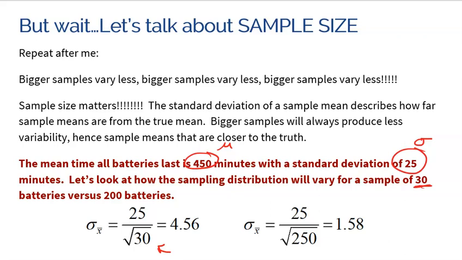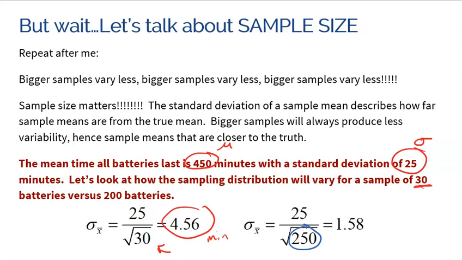And that's why we divide the 25 by the square root of 30, and we get a very low standard deviation of 4.56 minutes. That's because I'm no longer looking at one battery, I'm looking at the average, the mean of 30 batteries. And here's the kicker. If I bump my sample size up to 250, my standard deviation for my sample means is going to be even lower.